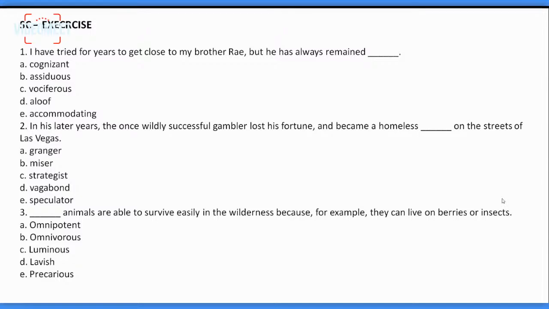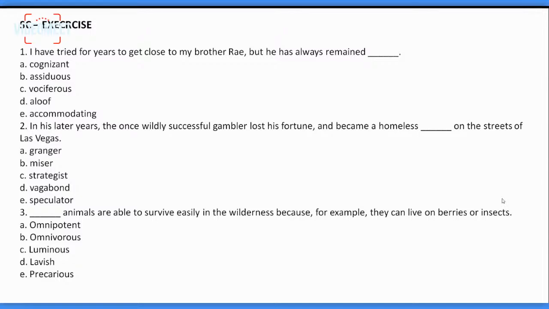Spectacular doesn't, because again, speculator means that he tries to understand the theories and speculates the results. So if he had been a speculator, he would not have lost his fortune, or maybe would not have gone into the habit of gambling, right? So the correct answer is vagabond.